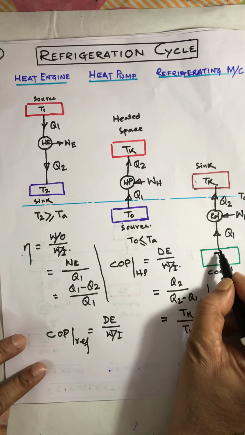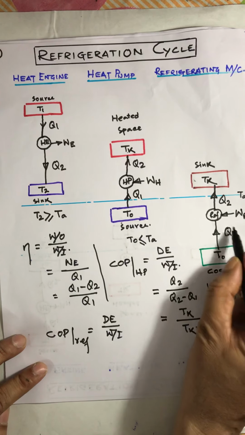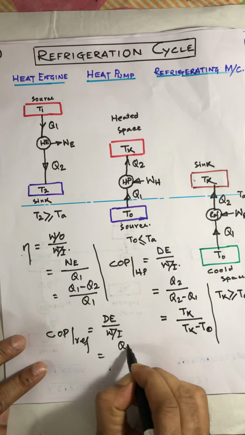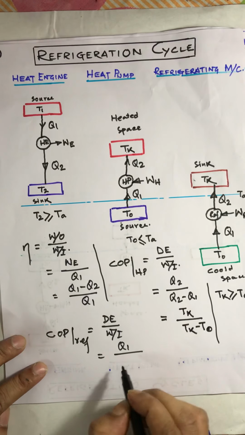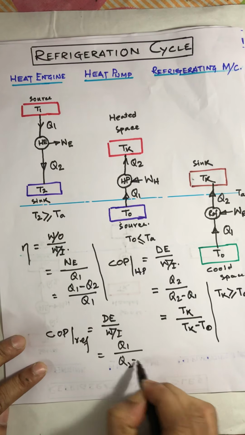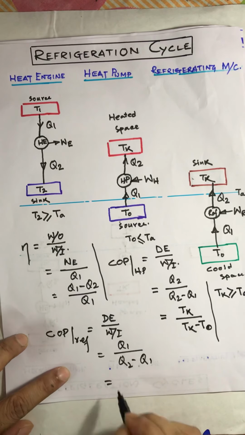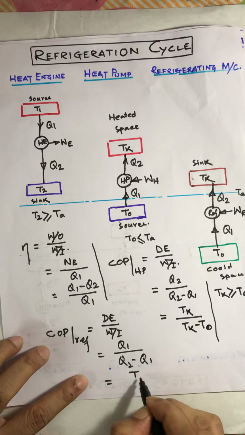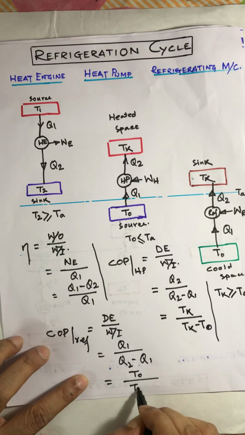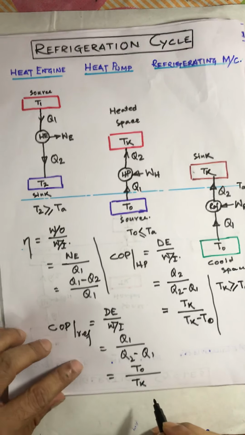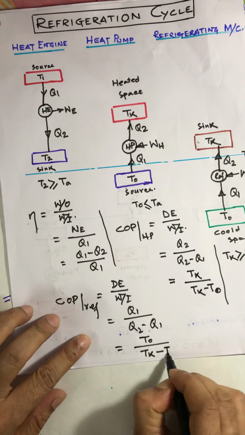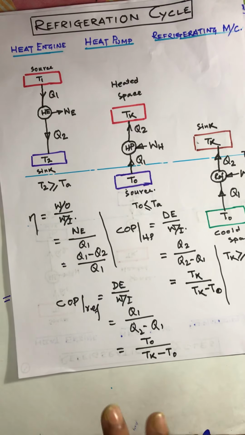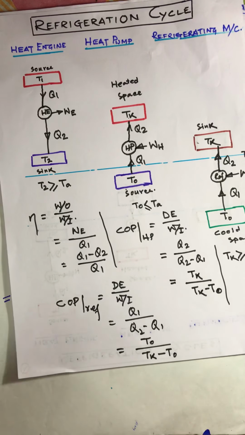That is why we have to extract the heat at the rate of Q1. So, for that case Q1 is the desired effect and work input is Q2 minus Q1. Similarly, we can write this in terms of temperature as T naught divided by Tk minus T naught. So, that is the basic concept of heat engine, heat pump and refrigerator.